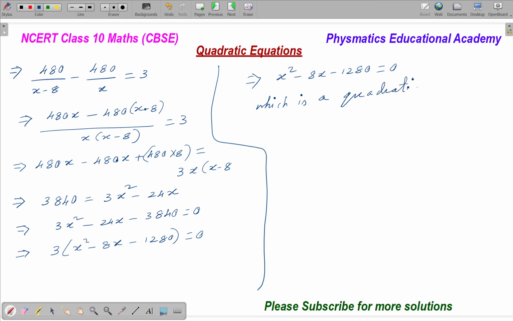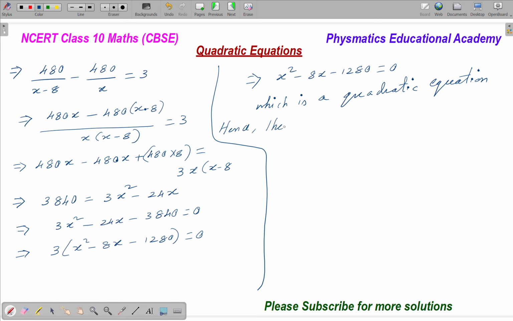Hence the given problem situation is represented in the form of a quadratic equation.